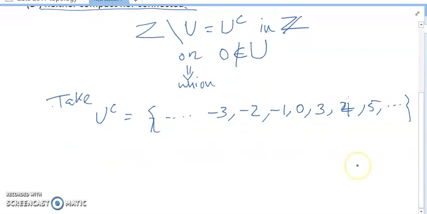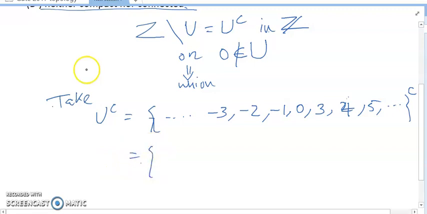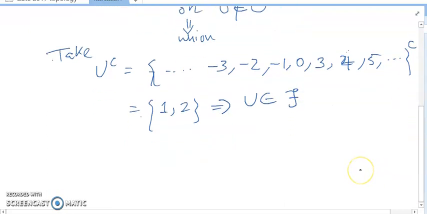So whatever I get, U complement can be written as 1, 2, and that implies U belongs to tau.